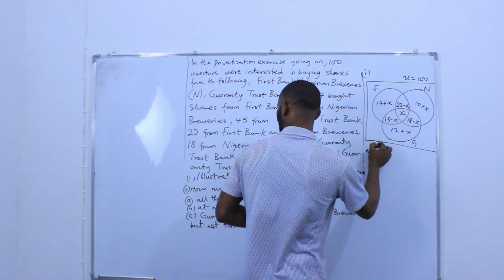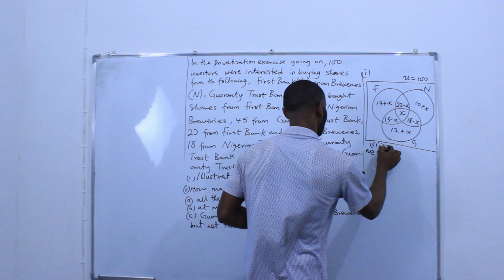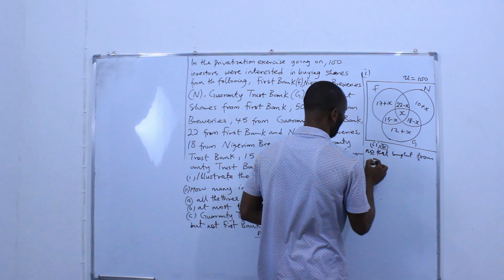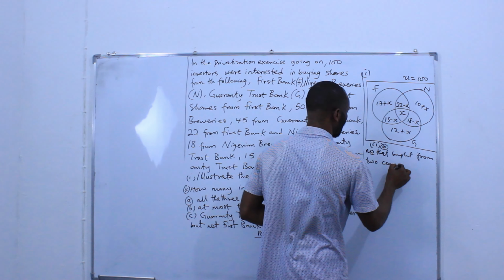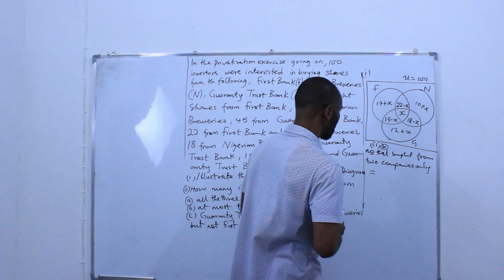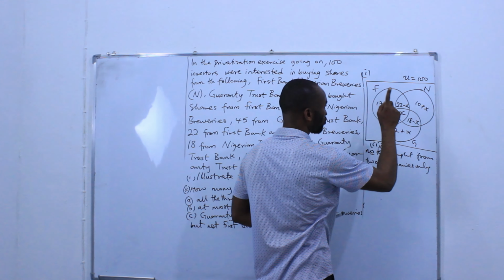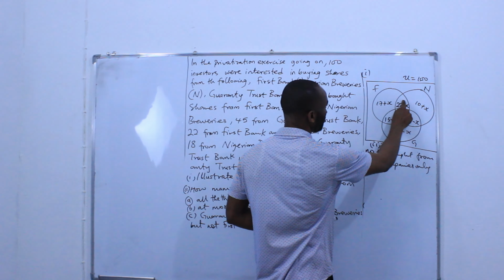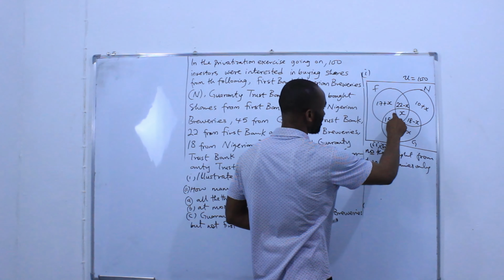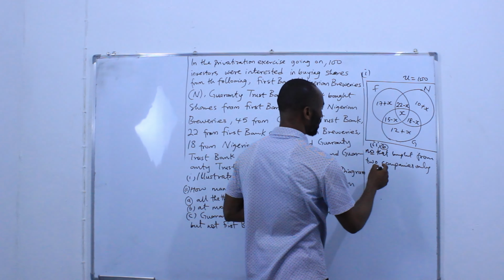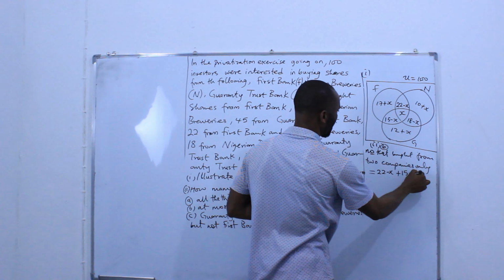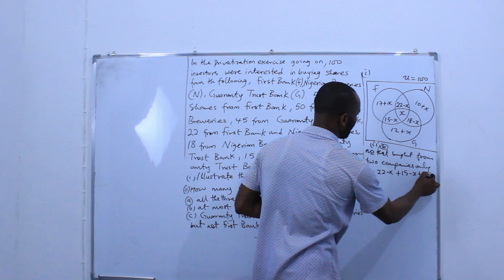This is IIB. The number that bought from 2 companies only: here we have the portion for 2 companies only. Here is being shared between First Bank and Nigerian Breweries. Here, Nigerian Breweries and Guarantee. Here is First Bank and Guarantee. So that will give us 22 minus x plus 15 minus x plus 18 minus x.